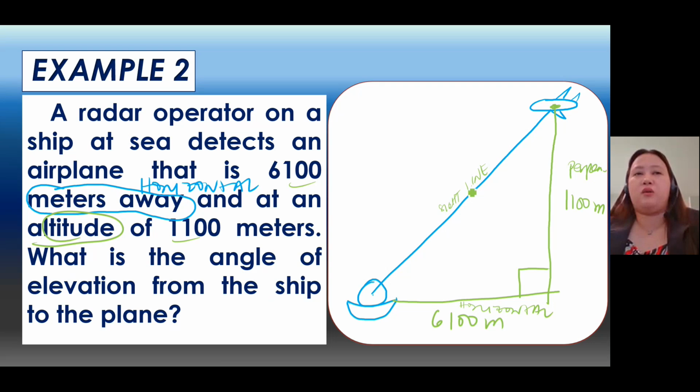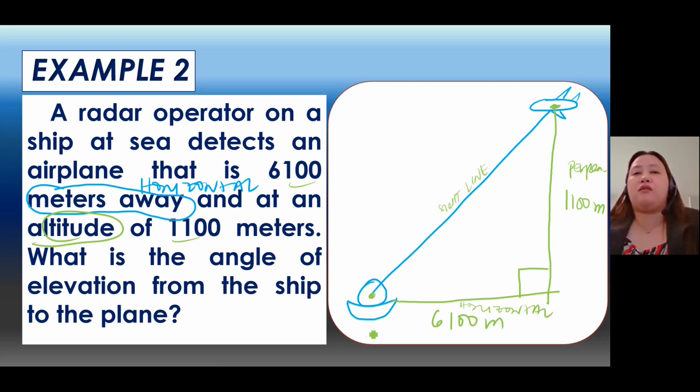Okay, what is the question? What is the angle of elevation from the ship to the plane? Since the radar is the one that detects the airplane, in our discussion of the angle of elevation and depression, remember the you and the object? You and the object, the black dot.